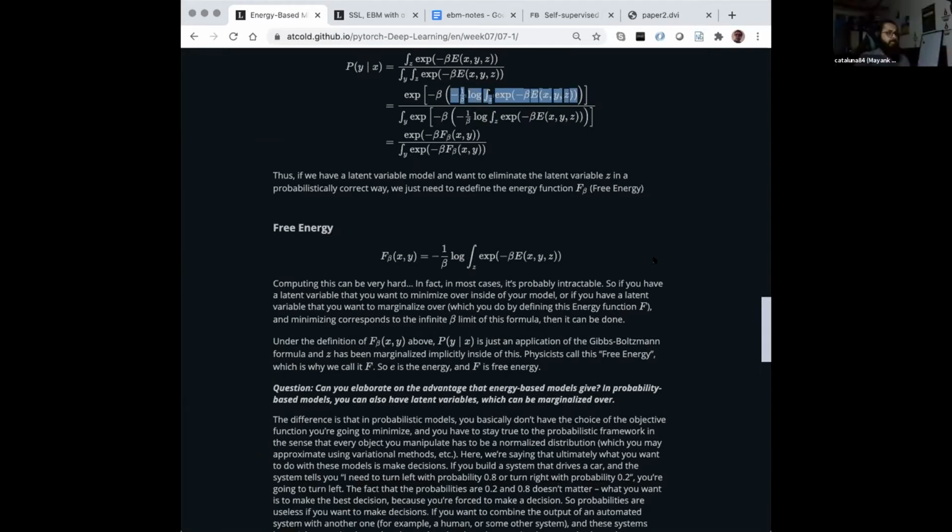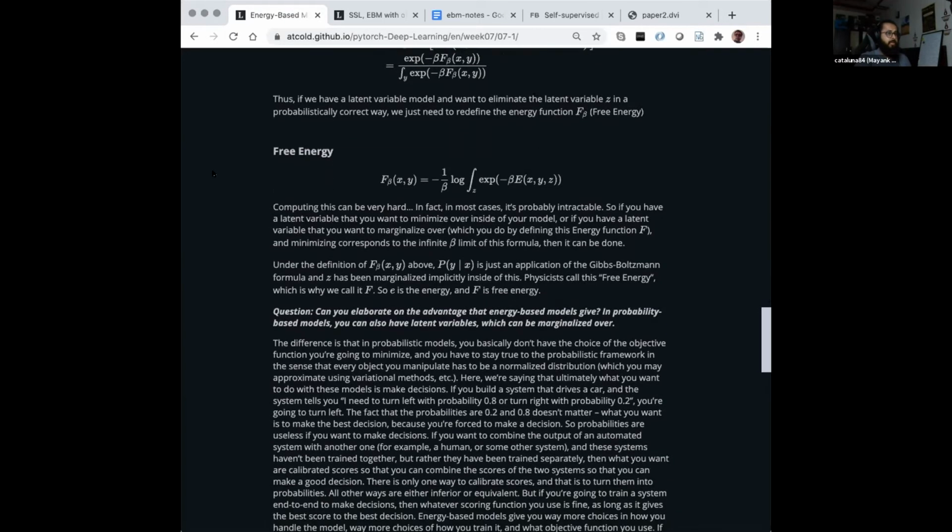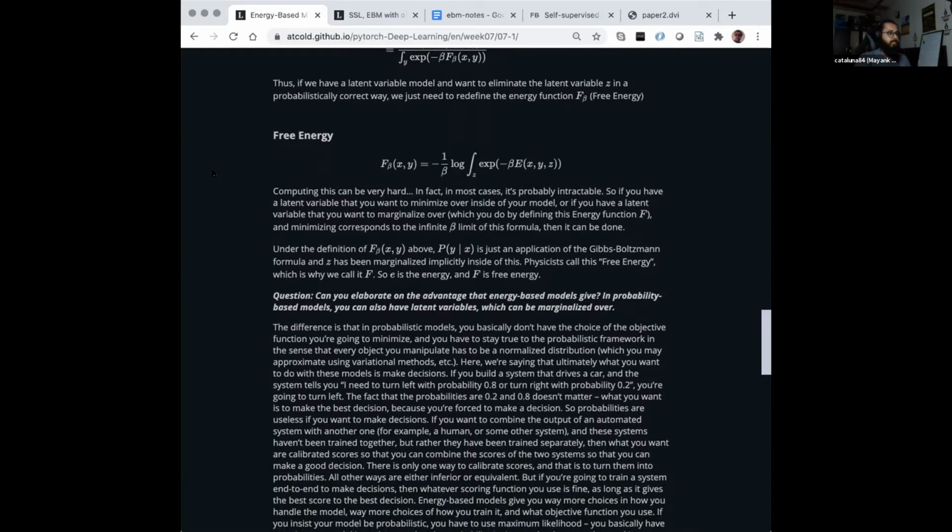Yep. This is a free energy formulation. We can also understand this in terms of how they have given it in the tutorial too, with respect to the formulation of how this is calculated. The transformation of 1 by beta log from 1 to z, the exponent over minus beta, and the energy over x, y, and z.